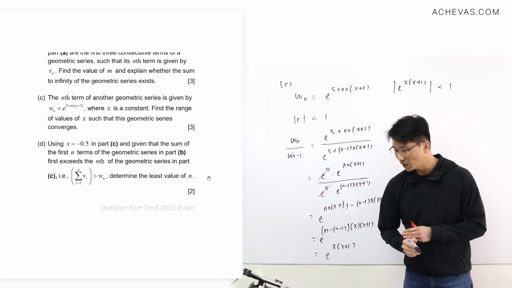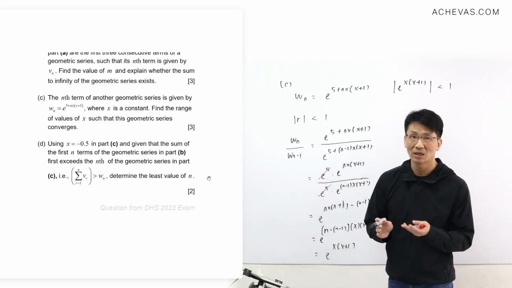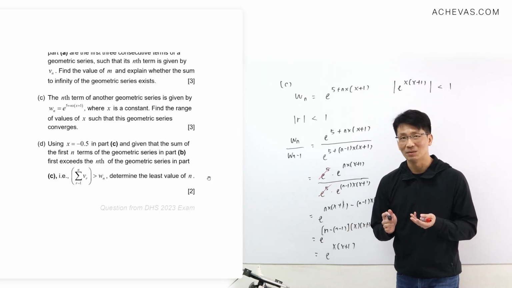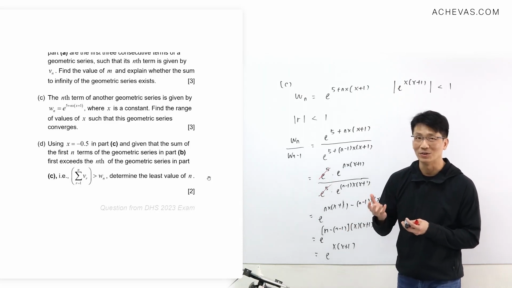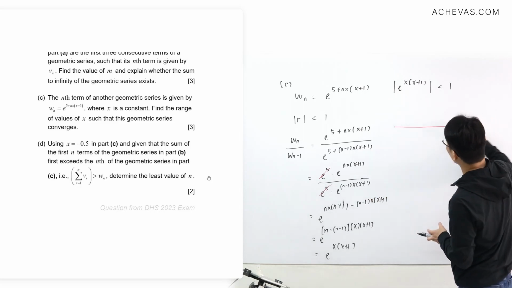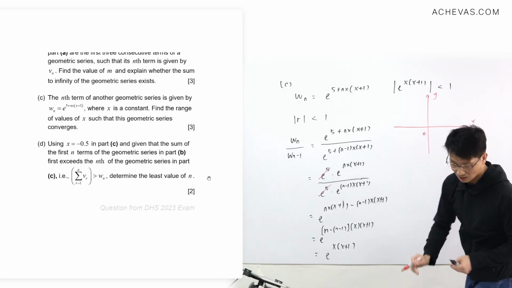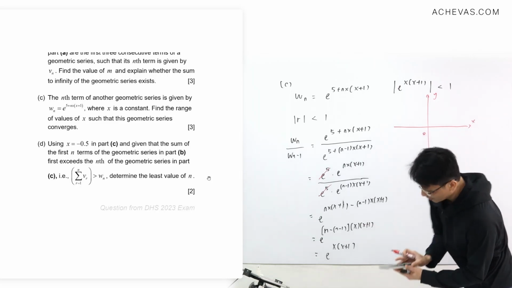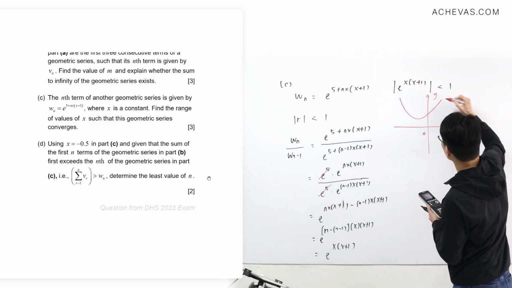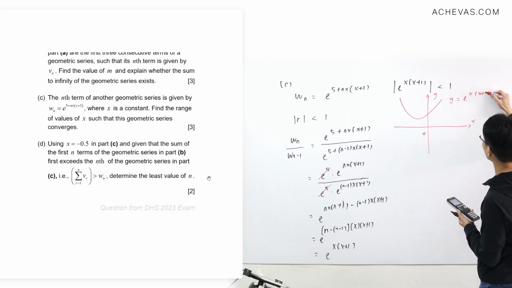Usually, if the question did not mention anything about calculator, for inequality, by default, I will just solve using our GC, because I think it's a much better way than using an algebraic method. By using our GC, I have sketched this. Let me just replicate this here. I will have a graph that looks like this. This will be my equation, e to the power x plus 1.